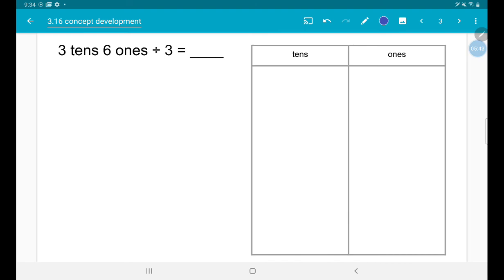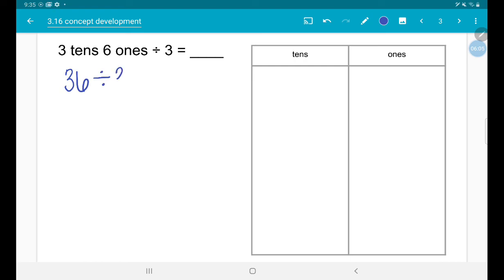Alright, this time we're going to do 3 tens and 6 ones divided by 3. If I had 3 tens and 6 ones, how many is that? What's my total? 36, very good. And I'm dividing 36 into 3 equal groups.